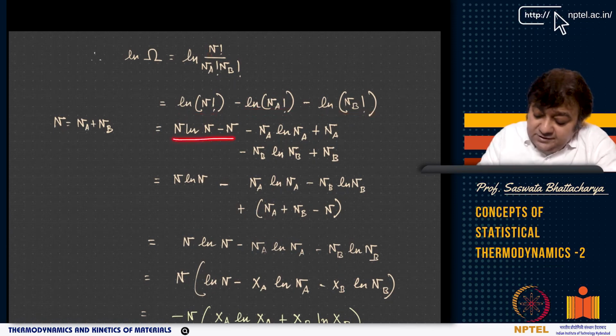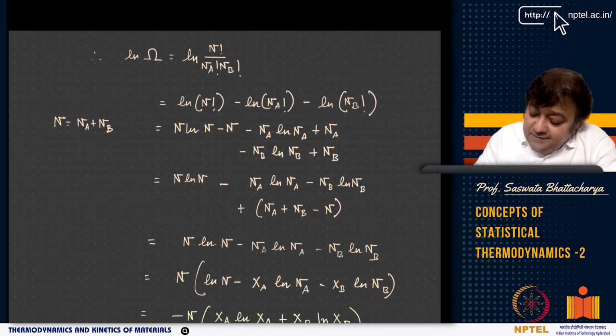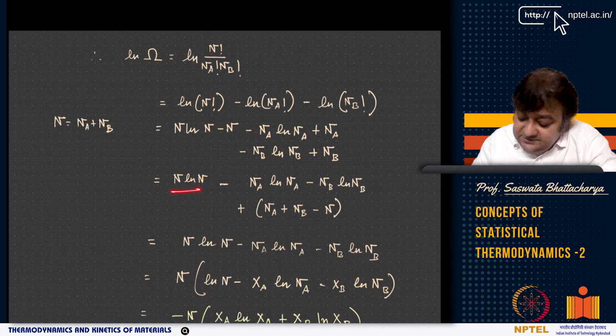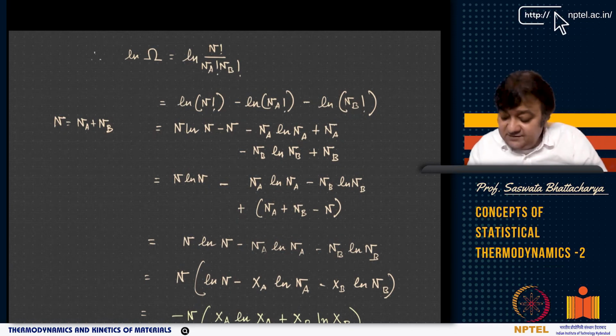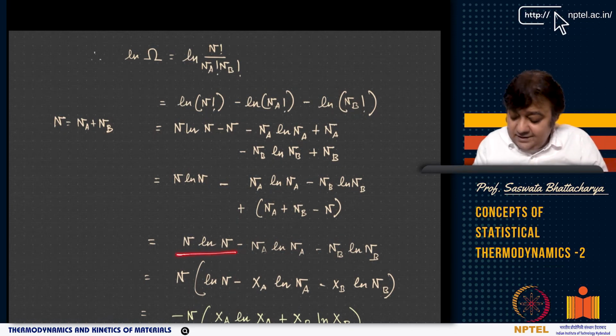So n ln n minus Na ln Na plus Na, minus Nb ln Nb plus Nb. Na plus Nb minus n is nothing but n minus n, which is 0. So you have n ln n minus Na ln Na minus Nb ln Nb. Now you take n common, so you get ln n minus Xa ln Na minus Xb ln Nb.